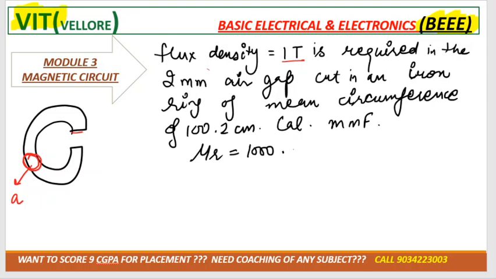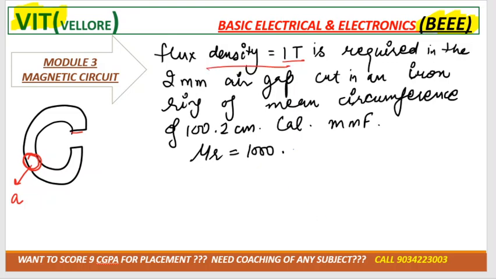B, right? So B is how much? B is equal to 1 Tesla. Tesla is the unit of flux density. Now they have given mu r value also, that is 1000. They have given circumference, that is 100.2 centimeter. You need to convert it into meter, right? And they said that there is an air gap of 2 millimeter.